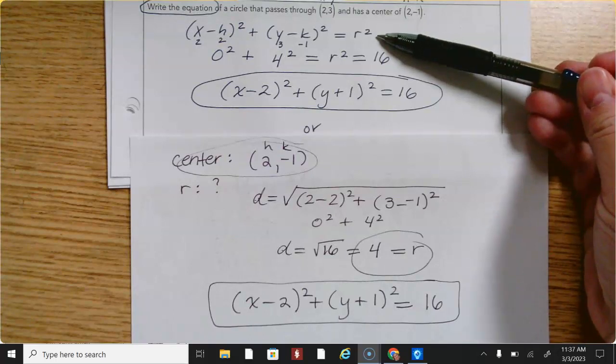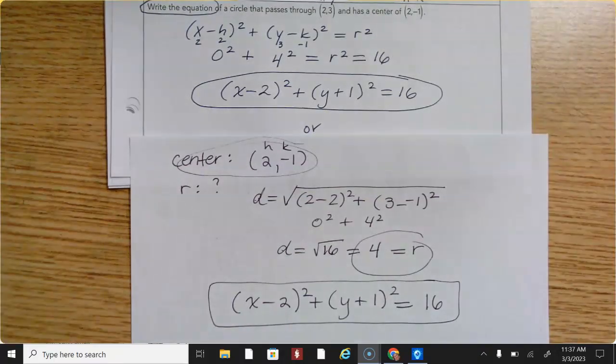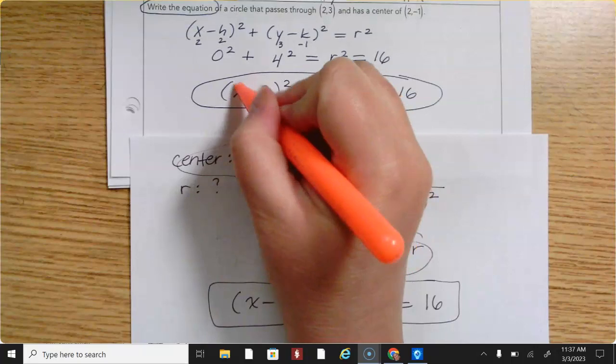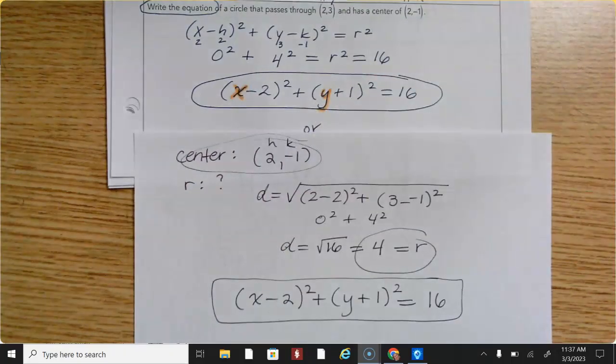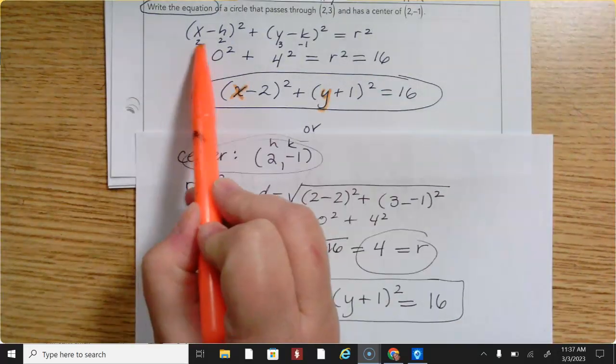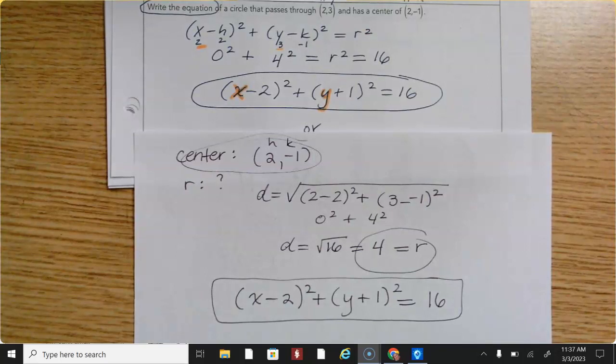The only thing you have to be careful about when you do it this way is remember that at the end, when you are asked to write the equation of something, if there needs to be an x or a y, then I should actually see that. Don't leave that point plugged in. We plugged in the 2 and the 3 to help us find r, to help us find r squared, really. That doesn't mean they're in the final form of the equation.